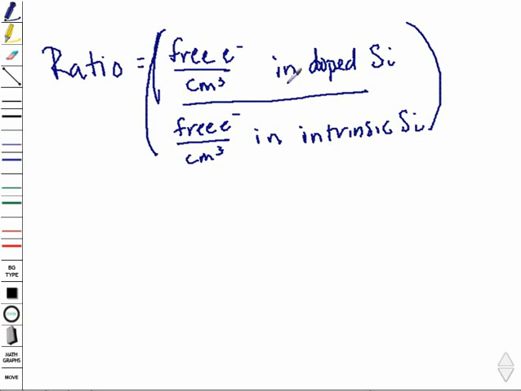We just determined the number of free electrons per centimeter cubed in doped silicon, and we were given the value for intrinsic silicon. So we're going to plug in both of our known values.